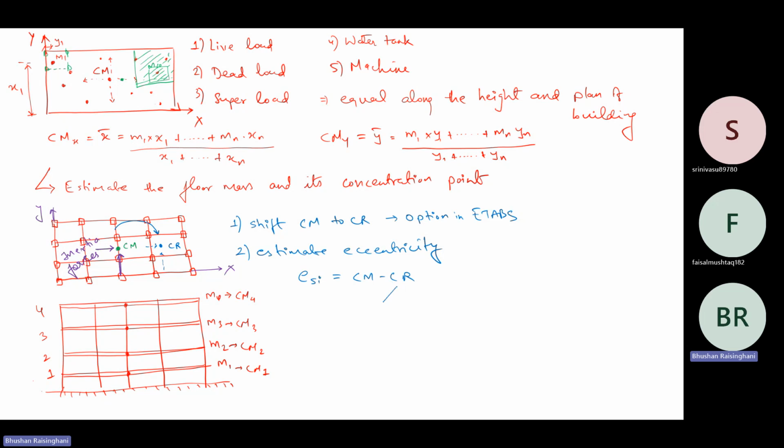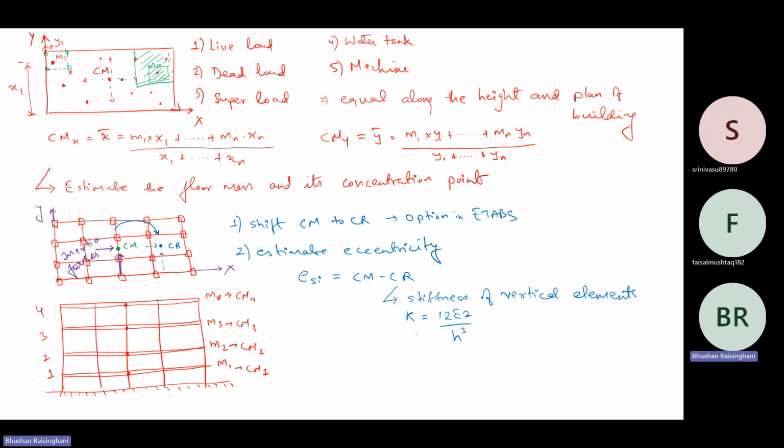Now, how will you estimate the center of rigidity? It is estimated based on the stiffness of vertical elements. Whether it is a column or a shear wall, there is a formula, 12 EI upon H cube, based on which the stiffness of the vertical elements is estimated.